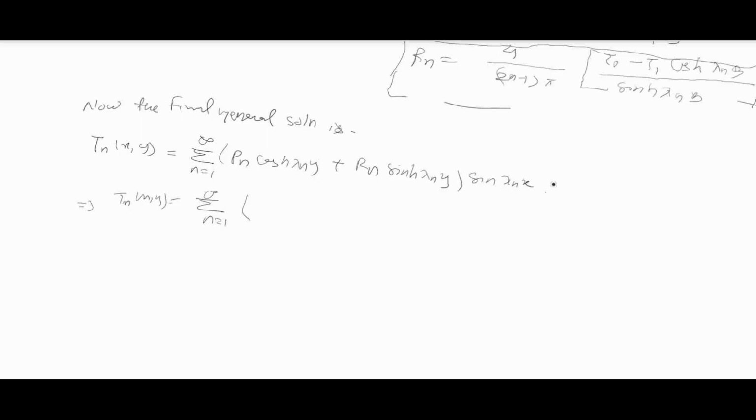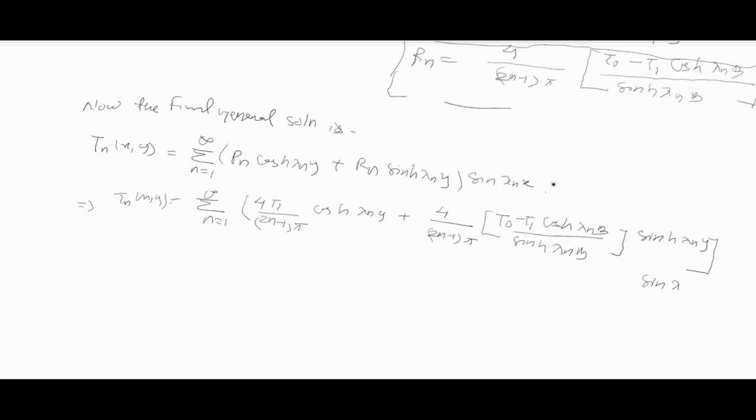Now Pn is equal to what? We got 4T1 by 2n minus 1 into pi, cosh lambda n y, plus Rn, which is 4 by 2n minus 1 into pi whole into T0 minus T1 cosh lambda n b by sinh lambda n b, whole into sinh lambda n y, into sin lambda n x.